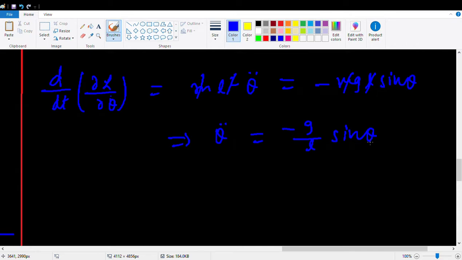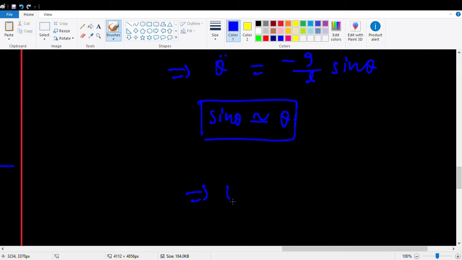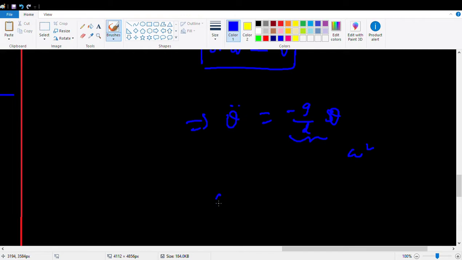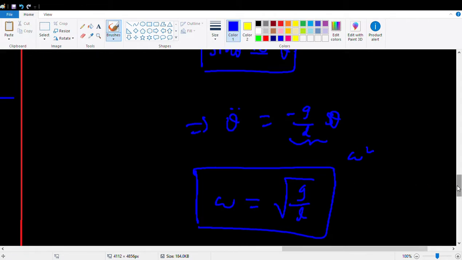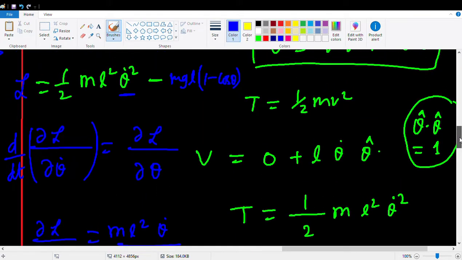So I'm assuming that the angular displacement is very small, which means theta is small, then I can approximate sine theta with theta. And now this gives you the omega. Omega is equal to the square root of g by L.